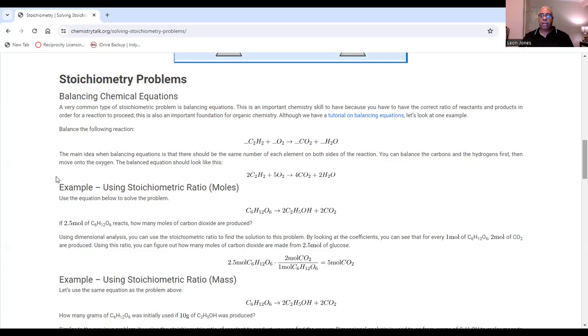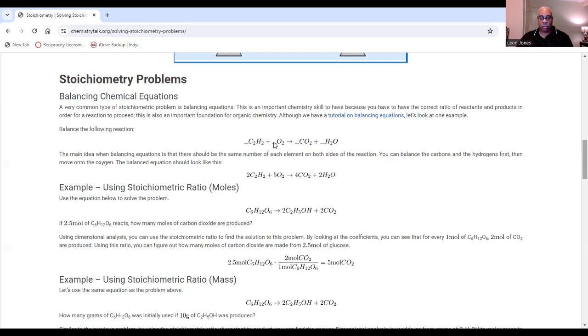And if you do that, it makes it much easier to do your calculations. Now, like I said, here we have C2H2O2, which yields, this arrow means yields, CO2H2O. Now, as I'm looking at that right now, is that equation balanced? I can tell you right now that equation is not balanced.